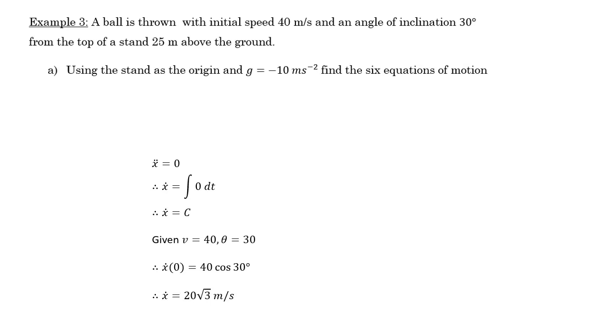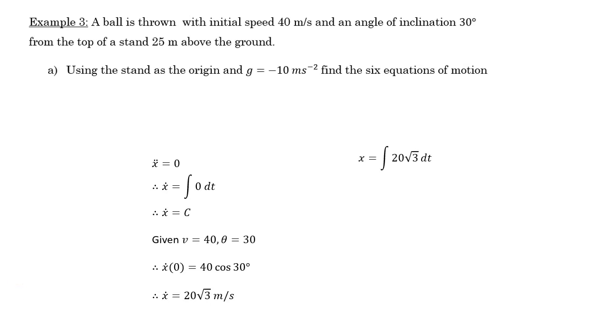And that's not just the initial, that's the constant, because when we integrated 0, we just got a constant. It's independent of time, our horizontal velocity. So 20 root 3 is the horizontal speed of this ball at all points in time, from start to finish.